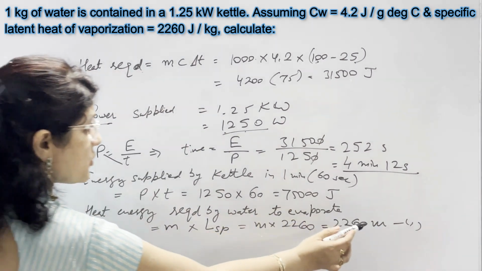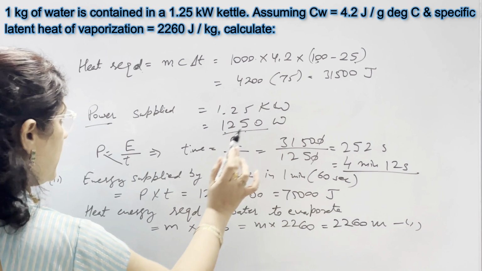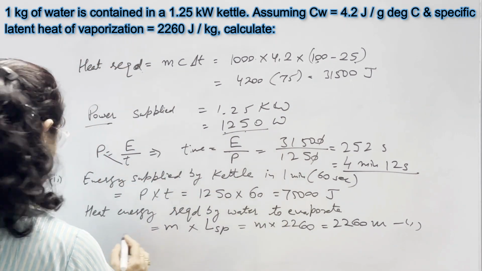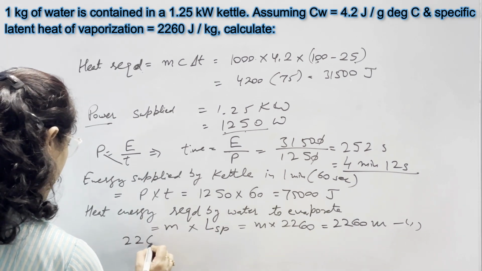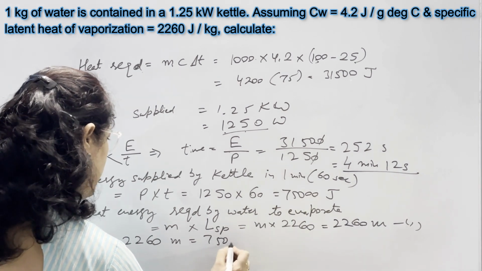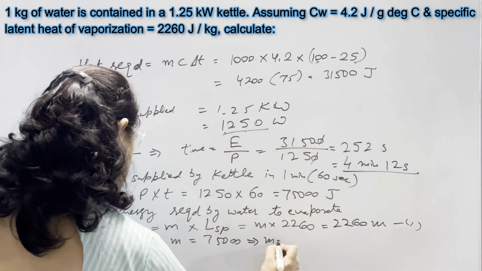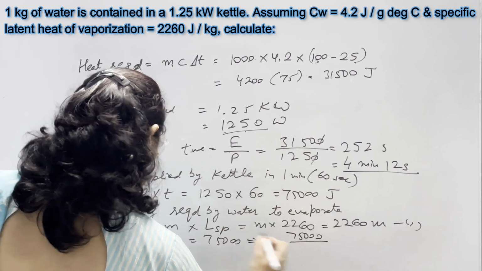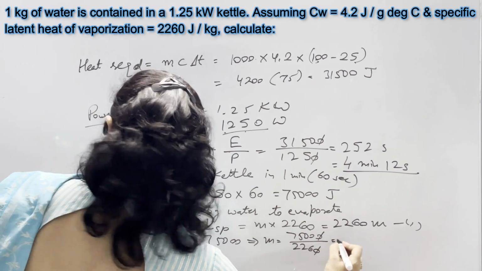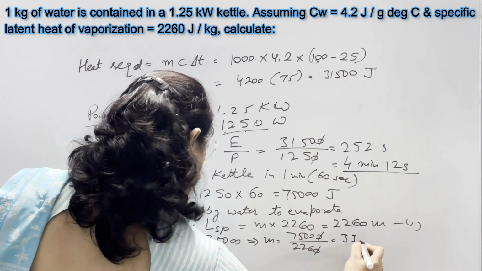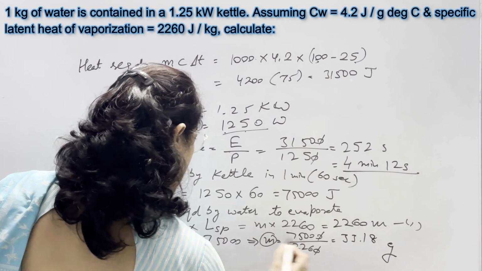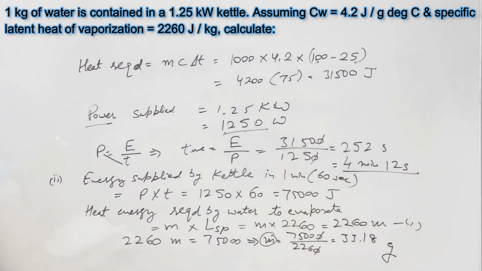Now this should be equal to the energy given by kettle. So energy given by kettle is 75,000 and here required by water is 2260 m. So m is equal to 75,000 divided by 2260 and we will get the value as 33.18. This is gram, because it is mass, it should be given in gram.